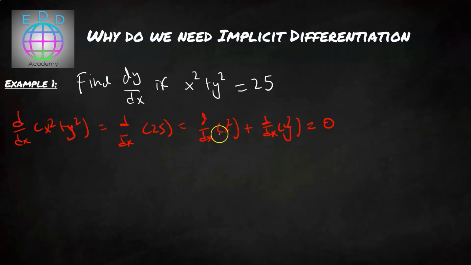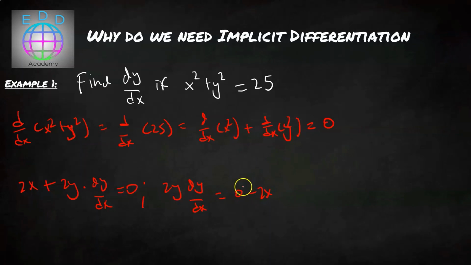Actually computing our derivatives, the derivative of x squared is simply 2x, and the derivative of y squared is 2y. But note that y is a function of x in this case, because we are differentiating with respect to x, so that means we need to use the chain rule and slap on that extra dy/dx factor, and that still equals 0. And then remember that our last step was to solve for dy/dx, so we can do that here. 2y times dy/dx equals 0 minus 2x.